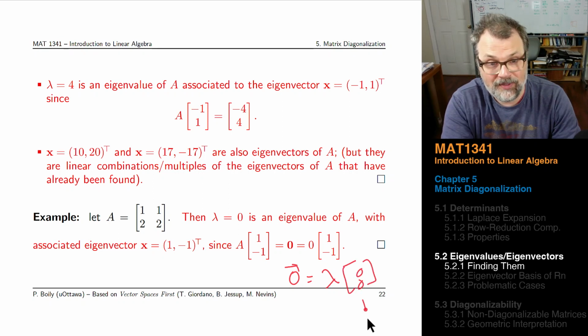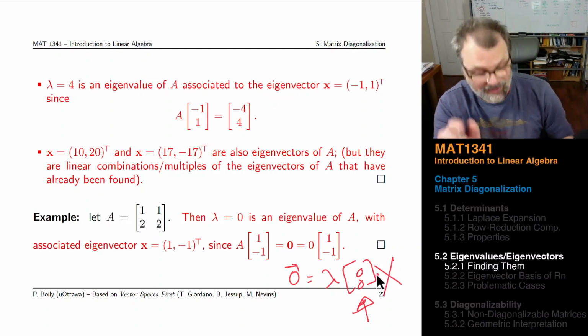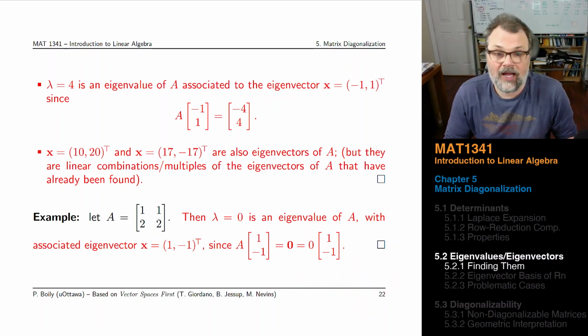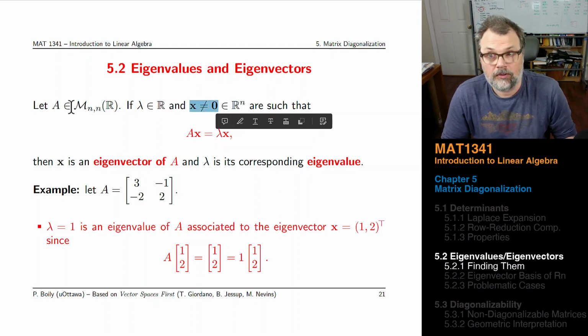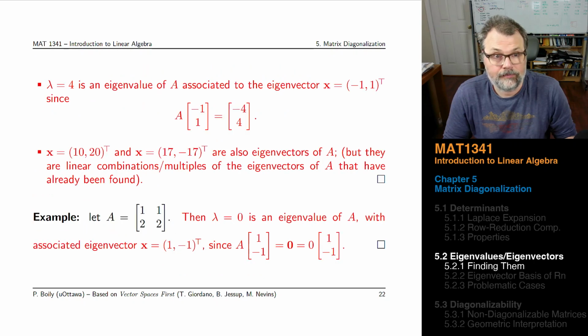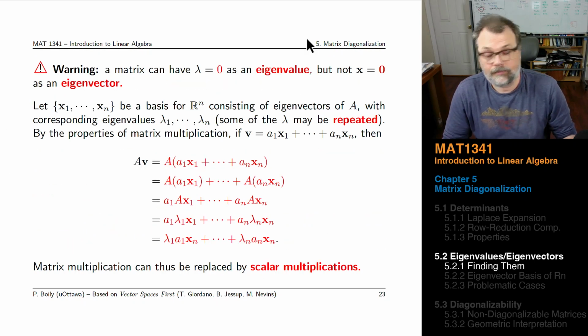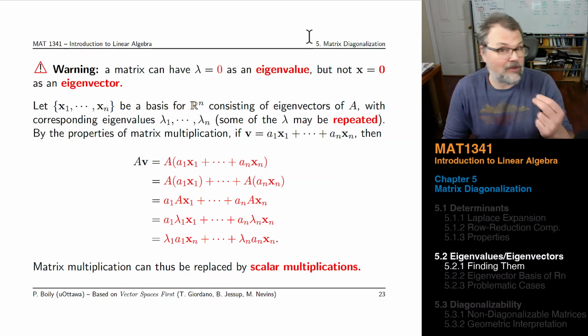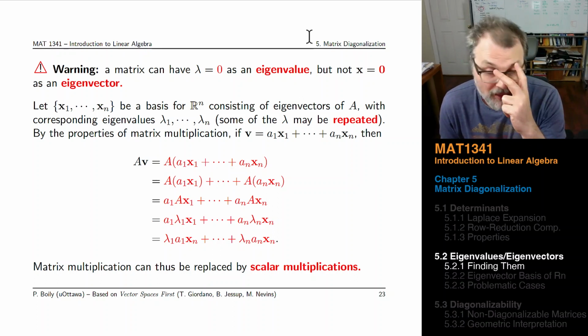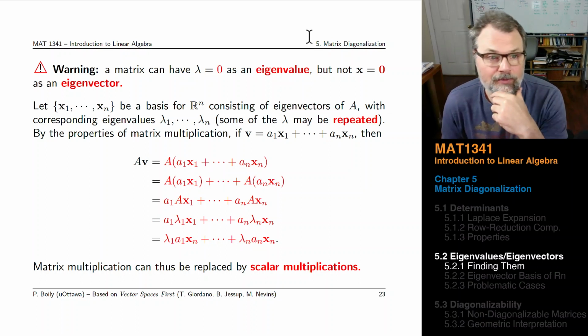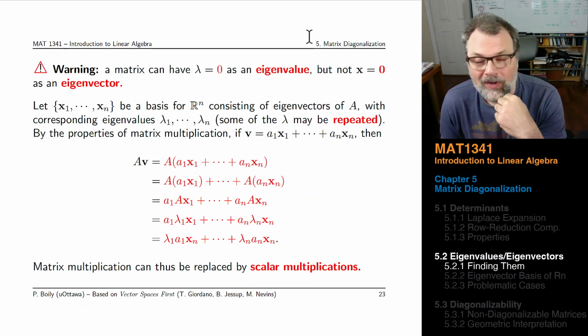So perhaps this could be the eigenvector. No, it cannot. By definition, an eigenvector has to be a non-zero vector. So you can have an eigenvalue which is 0, but you cannot have the eigenvector be the 0 vector.